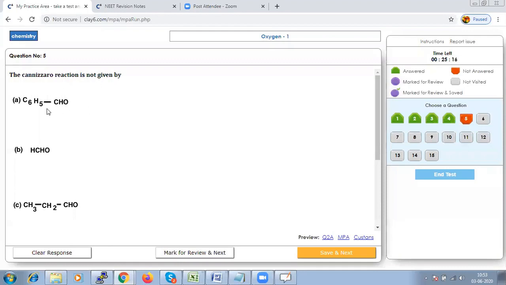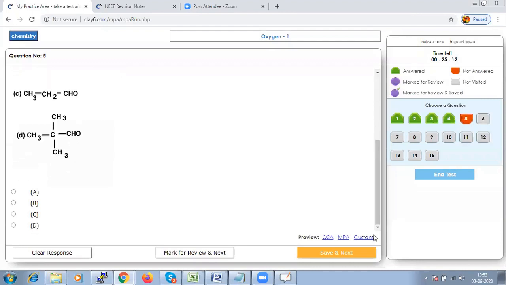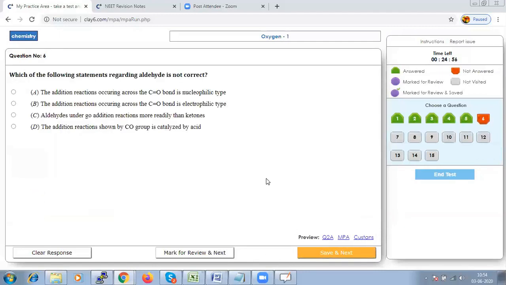From the given options, A, B, C, formaldehyde will not have alpha hydrogen atom. So option D should be the right answer. Let us save that and go to next.